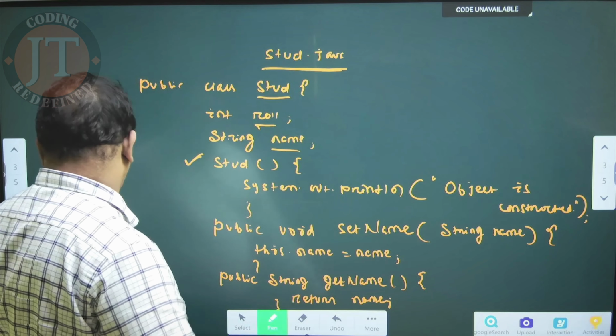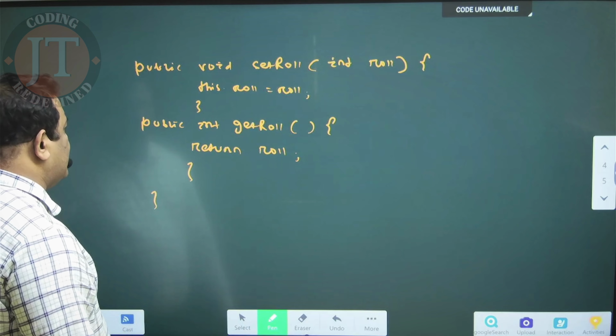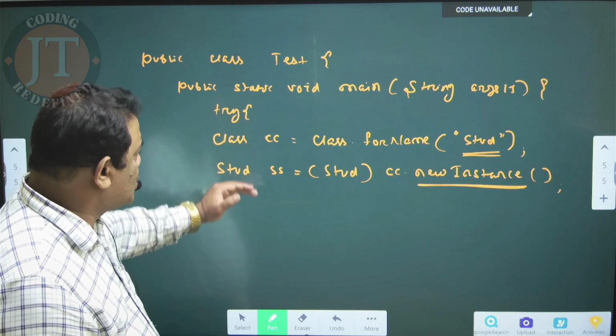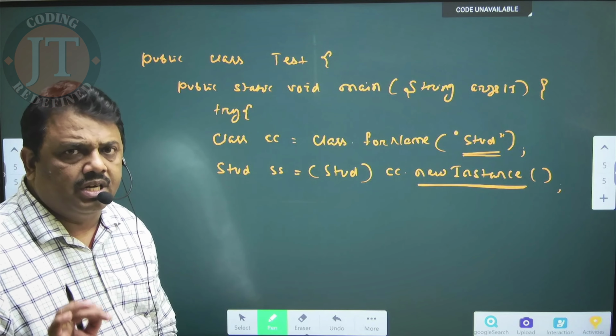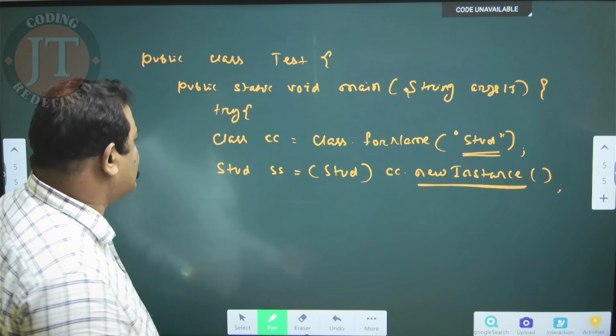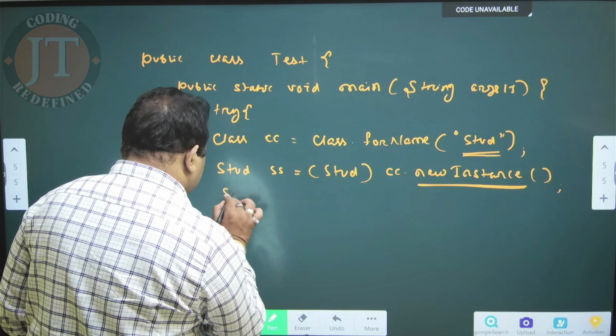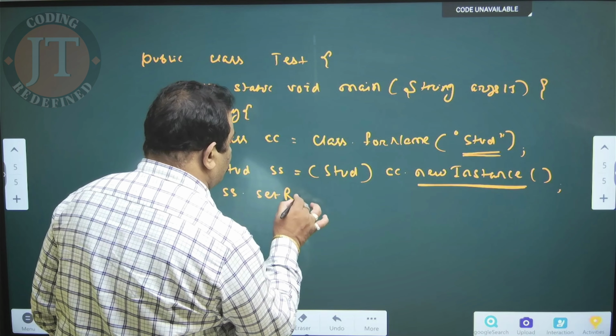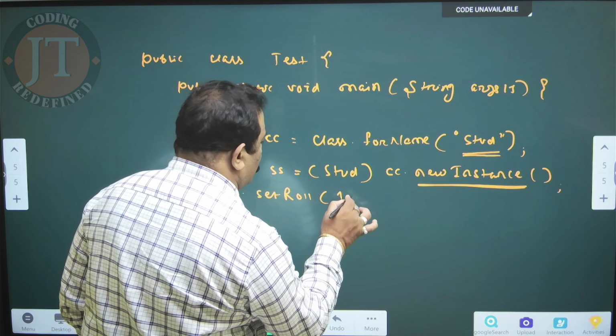So careful, in this particular case, the exception will not arise. It constructs the object of which class? Start class. After I create the object of the Start class, what can I do? ss.setRole. What can I set here?